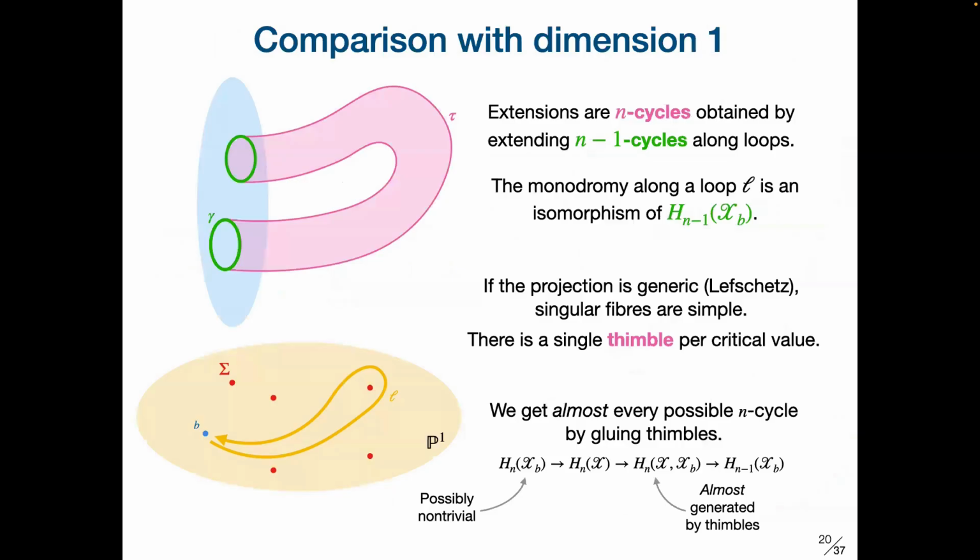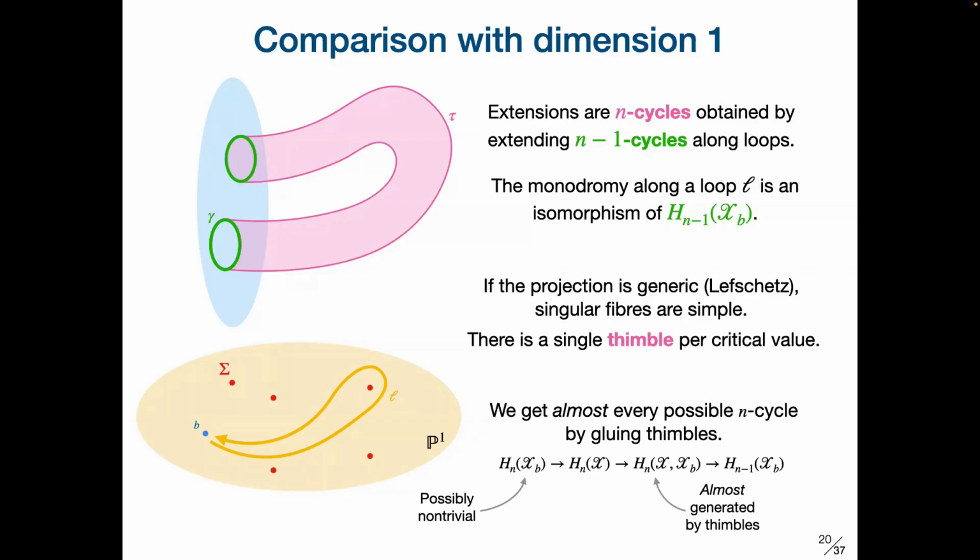So here is the comparison for general dimension hypersurfaces compared to curves. Now you're looking for n cycles, and you can obtain certain n cycles by extending n-1 cycles along loops.